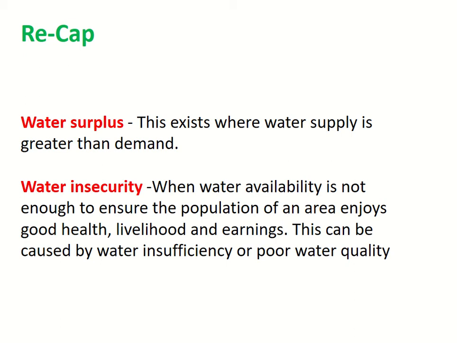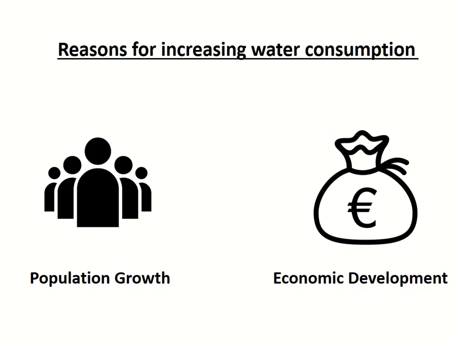This can lead to something called water insecurity, when water availability is not enough to ensure the population of an area enjoys good health, livelihood, and earnings, which can lead to huge health problems in terms of both disease and general quality of life, which will impact their level of development in that country.